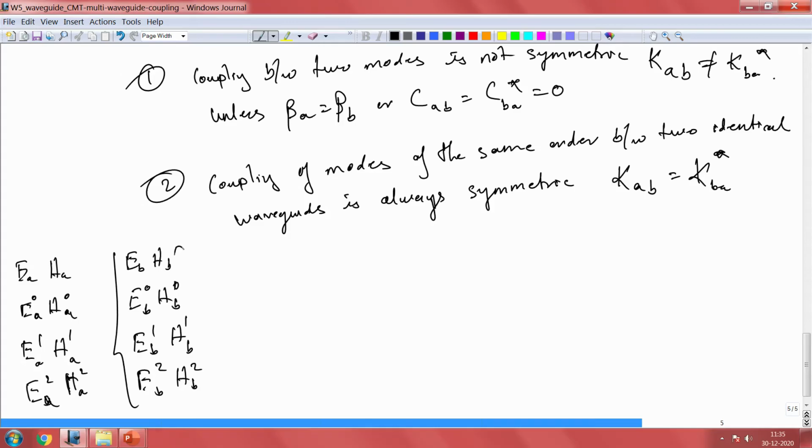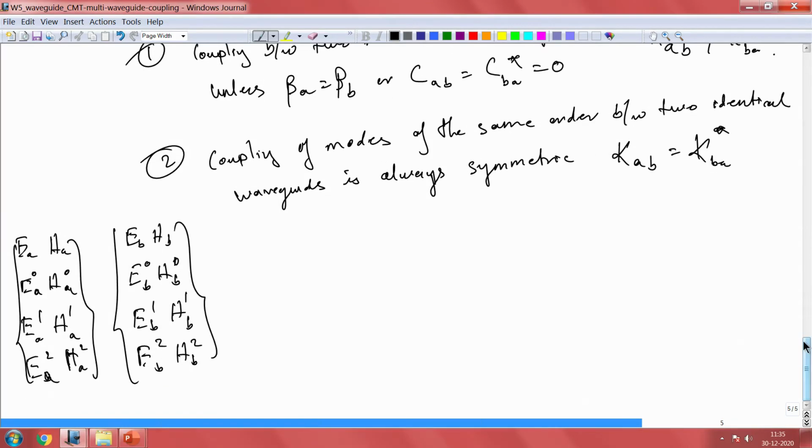So, this is the set you are going to have between the two waveguides, right. So, now the coupling of modes of same order. Same order here means 0 to 0, 1 to 1, 2 to 2, right. So, these are all two identical, right.